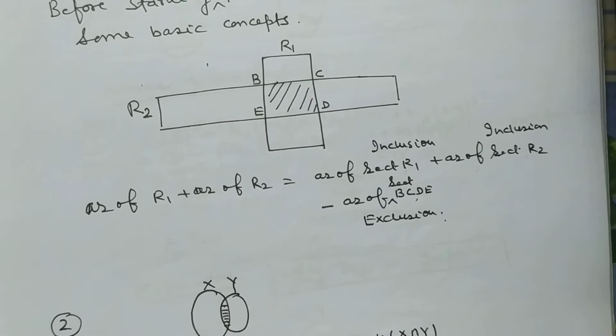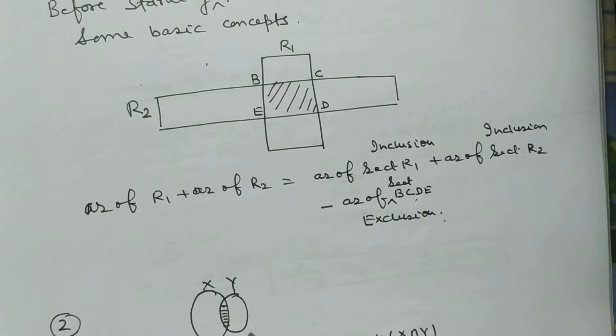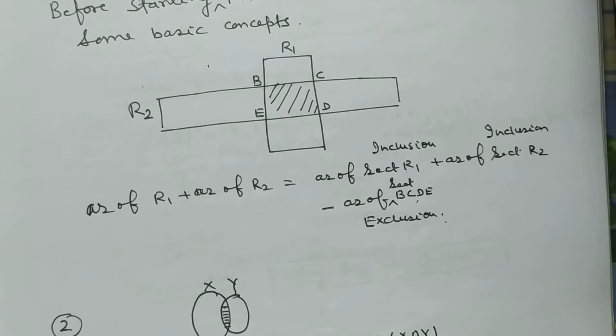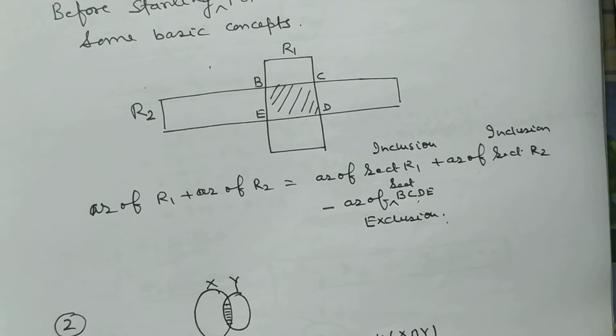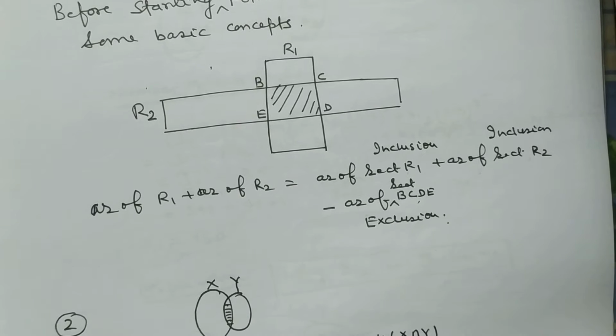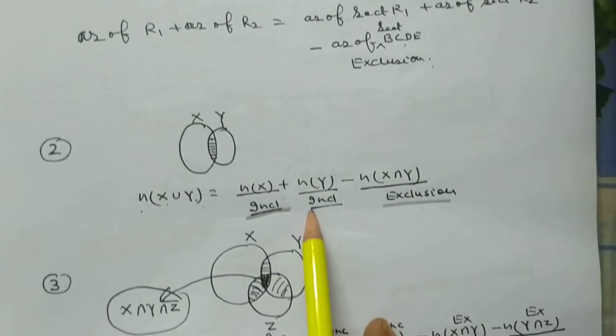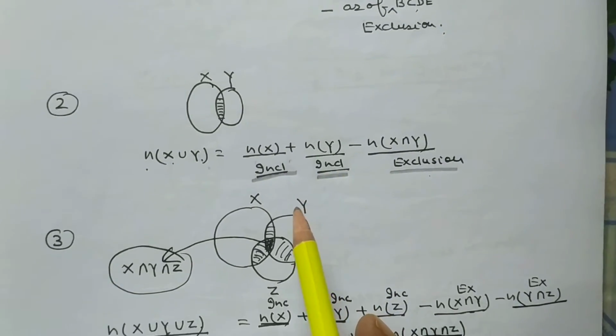Now, in this diagram, you can find the cardinal number of x union y is equal to cardinal number of x plus cardinal number of y minus cardinal number of x intersection y. This is exclusion, and these are inclusion.